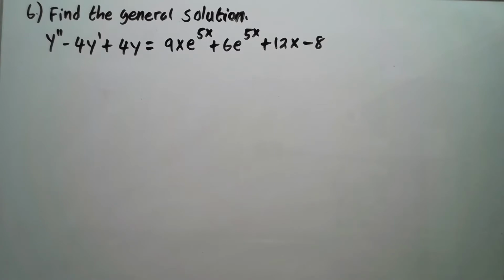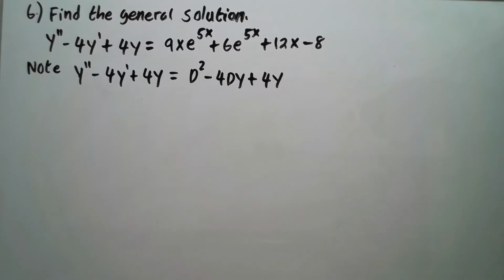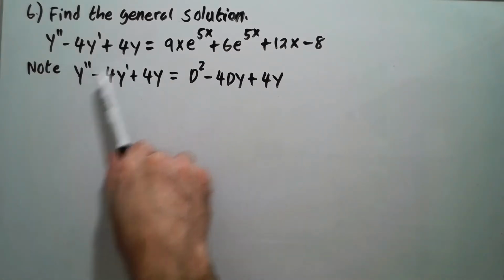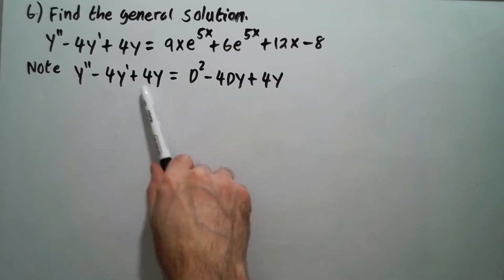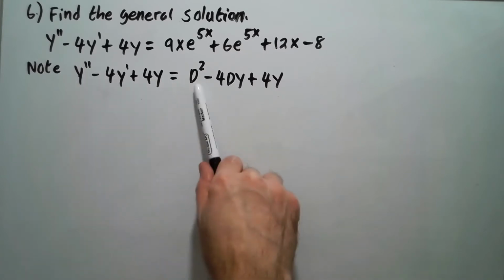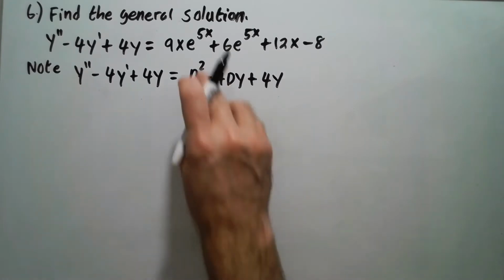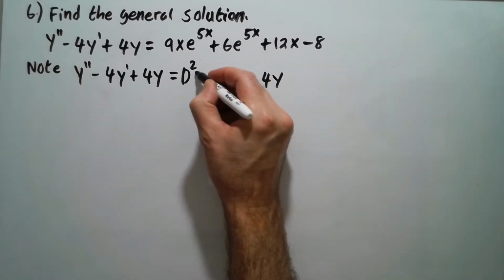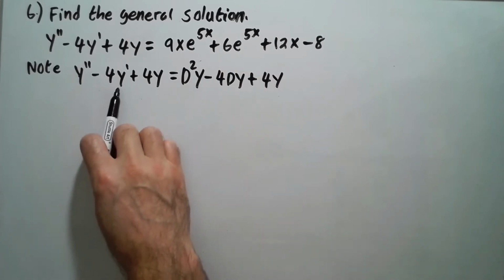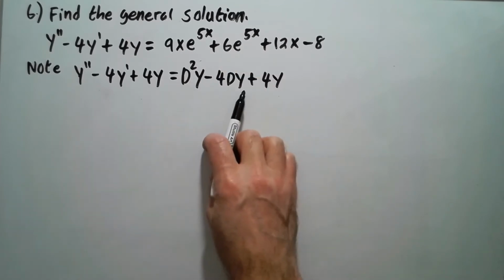So first, let's note that looking at the left side here, y double prime minus 4y prime plus 4y, in place of y double prime you can write D squared y, sorry, D squared y. And in place of y prime, you can write Dy.